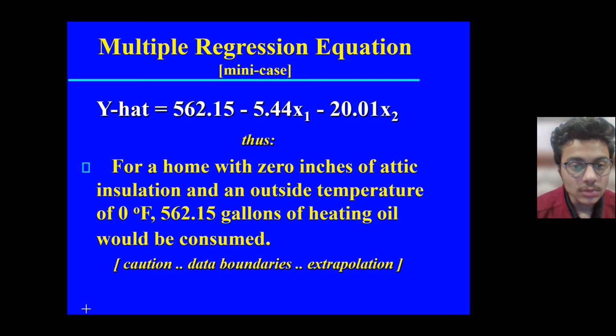So the conclusion is, for a home with 0 inches of attic insulation and an outside temperature of 0 degrees Fahrenheit, 562.15 gallons of heating oil would be consumed.